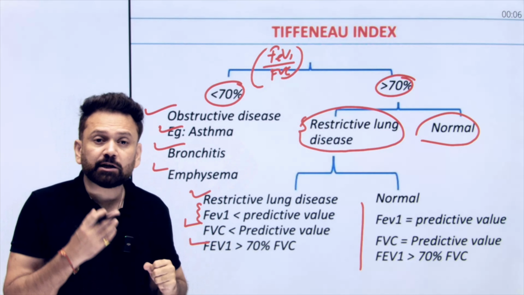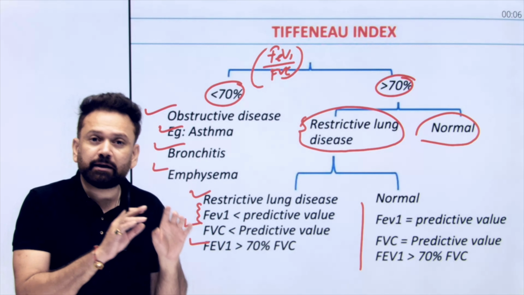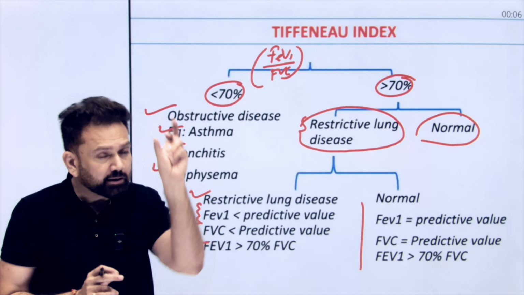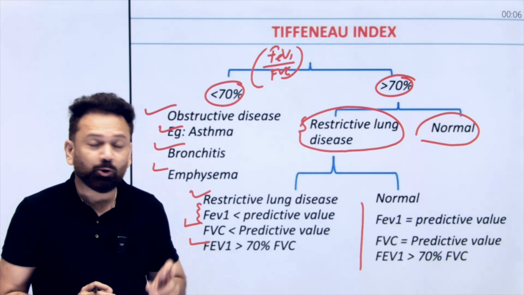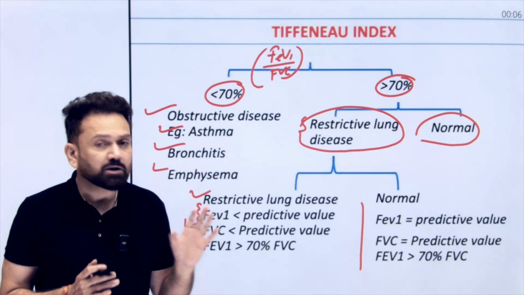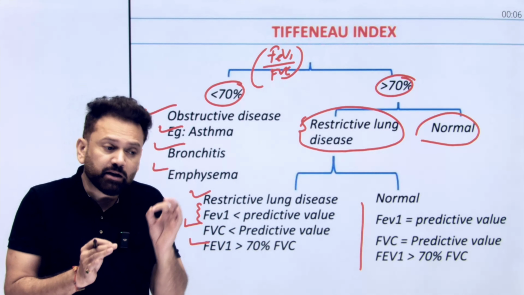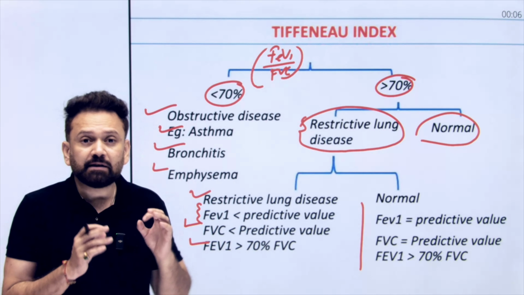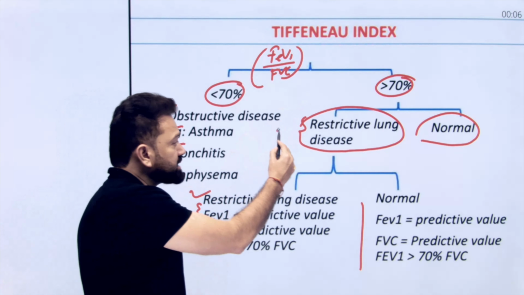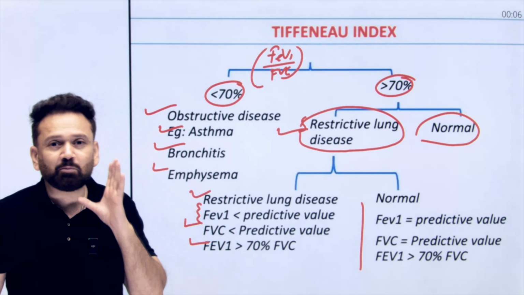But before starting the practical, we need to enter the name, age, sex, height, and ethnicity, and the predicted value will come accordingly. Now you have to compare. If FEV1 and FVC are almost like the predicted value, the patient is normal. If FEV1 is very much less than the predicted value, FVC is lesser than the predicted value, but the ratio is more than 70%, the patient has RLD. Very, very important point.